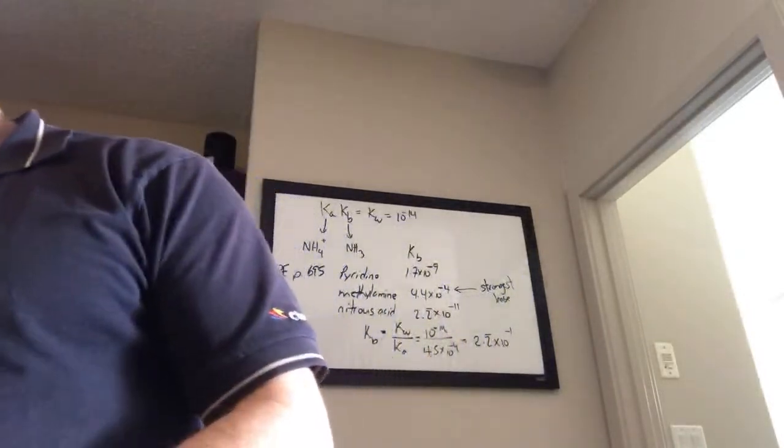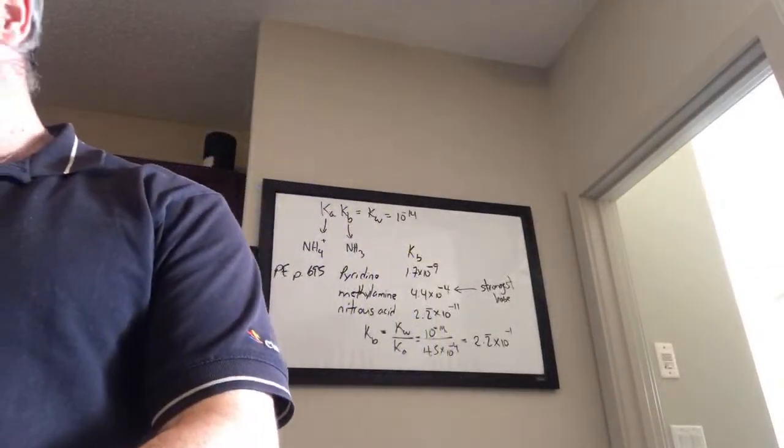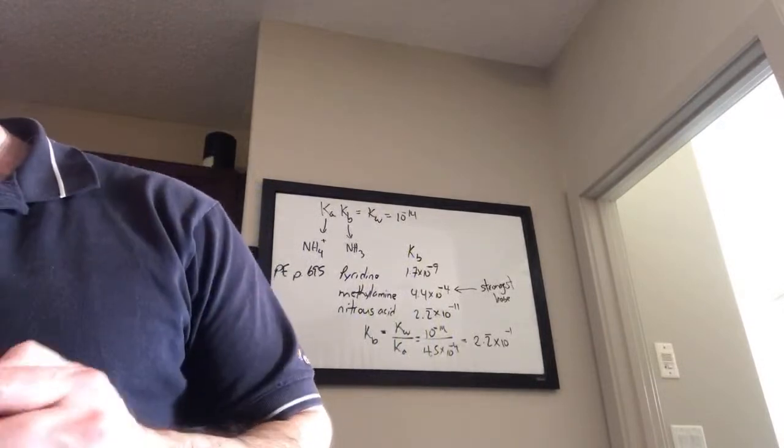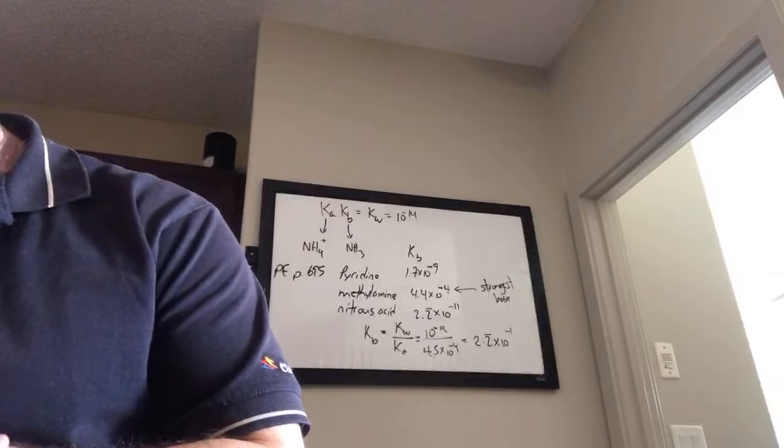Page 696. Practice exercise. It says a solution of ammonia in water has a pH of 11.17. What is the molarity of the solution?